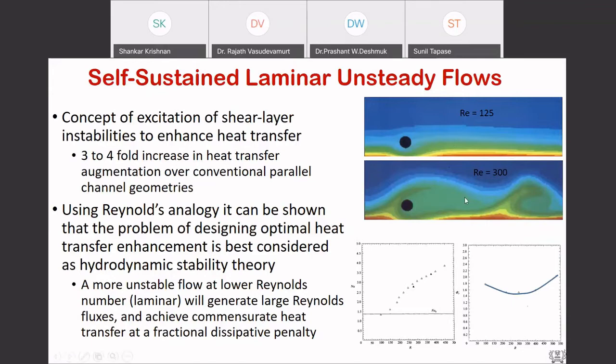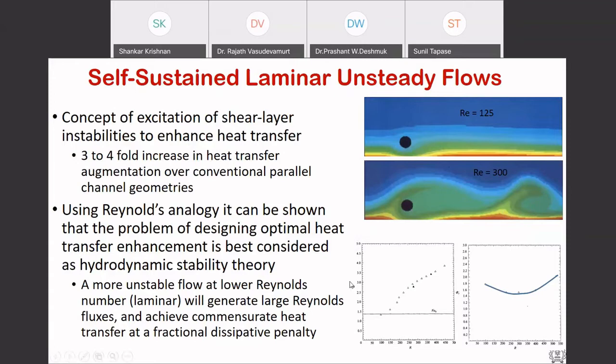However, at a Reynolds number of 300, they start to see the wall and the fluid interacting, and you see wavy structures forming. These wavy structures stay continuously in an unsteady fashion. One wave after another keeps coming in a passive manner, so the flow is not being modulated there.